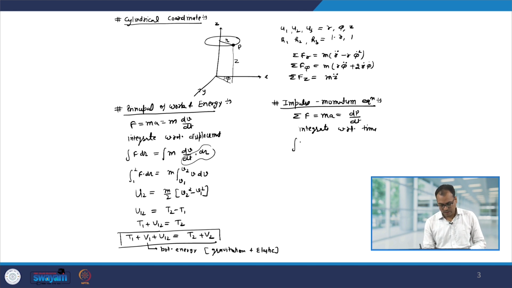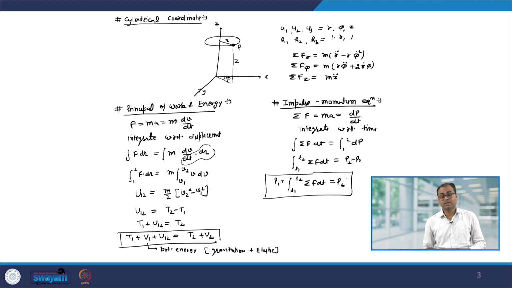So, we got integral of summation F dt from 1 to 2 equal to dp, or integral from t1 to t2 of F dt equal to p2 minus p1, or in natural sequence p1 plus integral from t1 to t2 of summation F dt equal to p2.